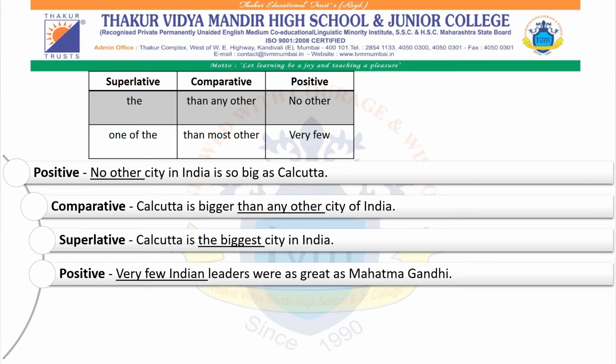Another example: Very few Indian leaders were as great as Mahatma Gandhi. So, the "very few" structure is in the positive degree, and past tense. And what is the meaning? That there were very few Indian leaders as great as Mahatma Gandhi. So what does it mean if we have to change it to comparative degree?